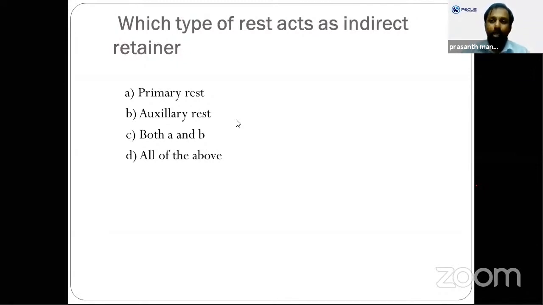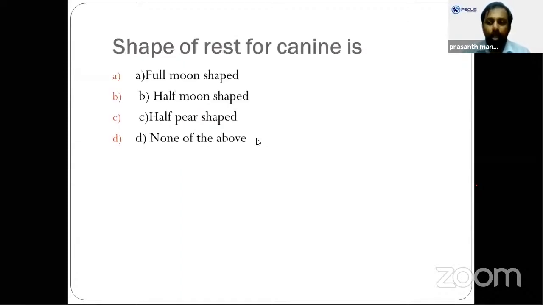So the auxiliary rest, the rest which is not there along with the clasp assembly, acts as an indirect retainer. Hope it is clear. Okay, I think it was a useful session today. Everybody will be thorough with the rest seat of removable partial denture.